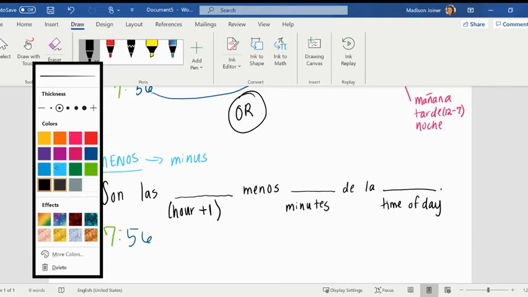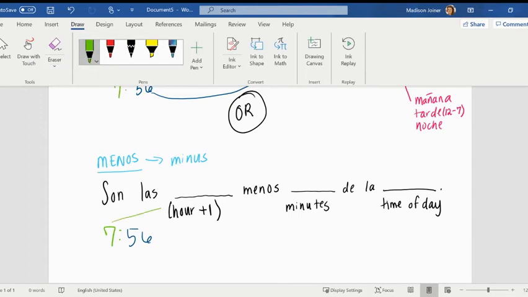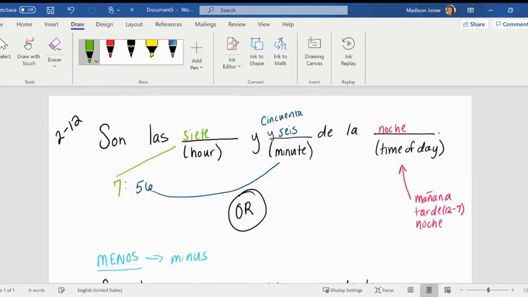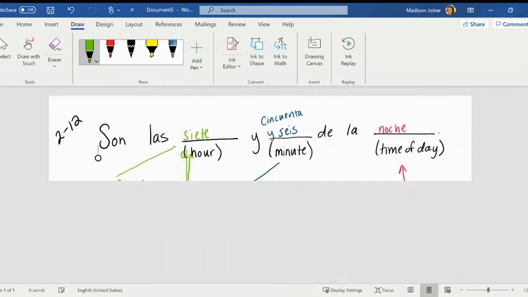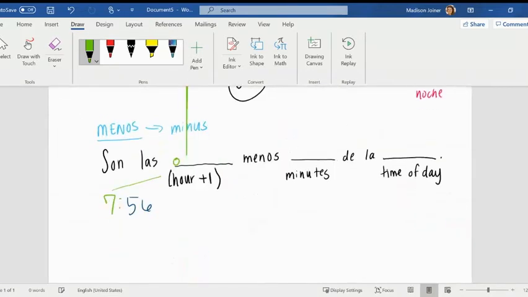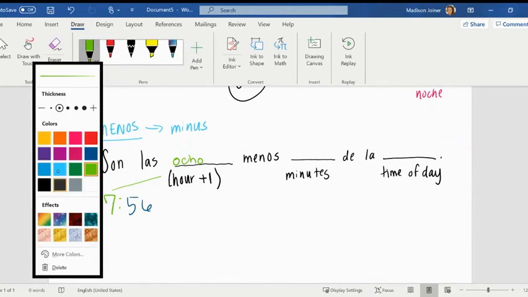For the 7 o'clock, if I need to make it hour plus 1, it's going to be ocho. Sometimes with this computer. Ocho. And then to make it 56, I need to think what's 1 hour, which is 60.